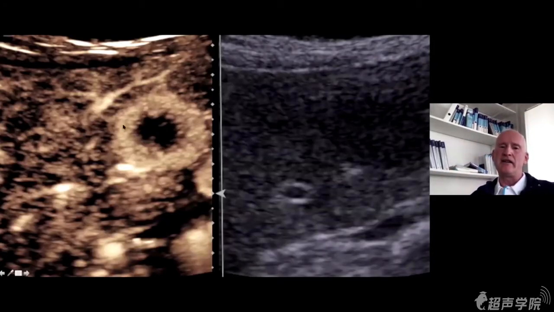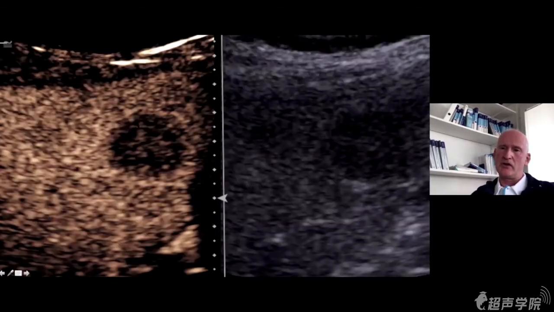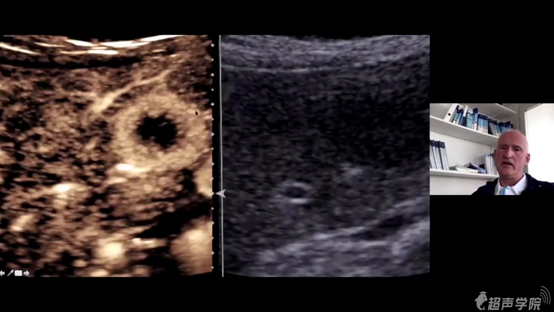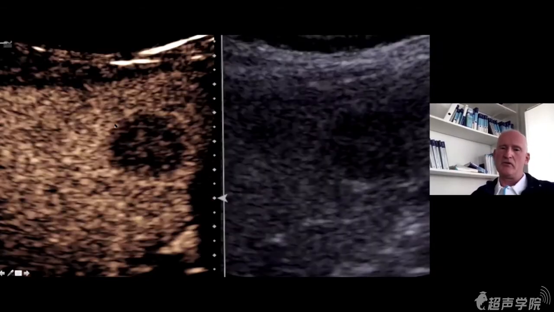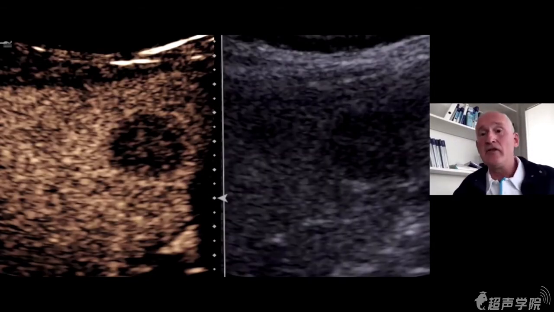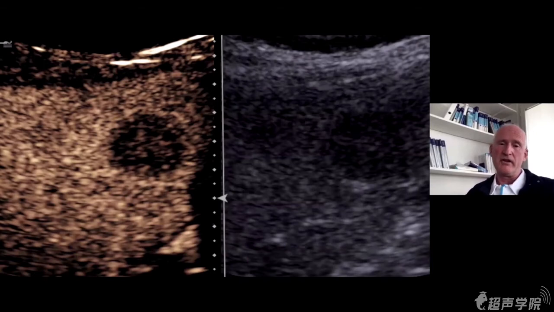There the neoangiogenesis, all that aggressive vessels are at the border of the focal liver lesion. A little later, washout, hypoenhancement. It's a very aggressive lesion. You can see here the rim enhancement in the circumference, and the washout demonstrates the behavior of a malignant focal liver lesion.